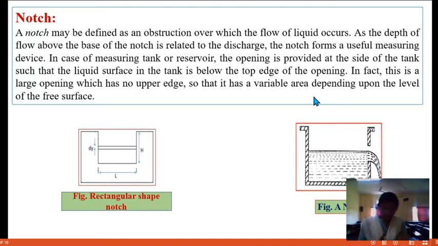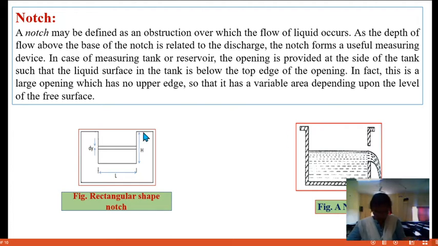So the main purpose of the notch is to transfer water from the upstream side to the downstream side, and also to calculate the rate of flow or discharge at that particular section.